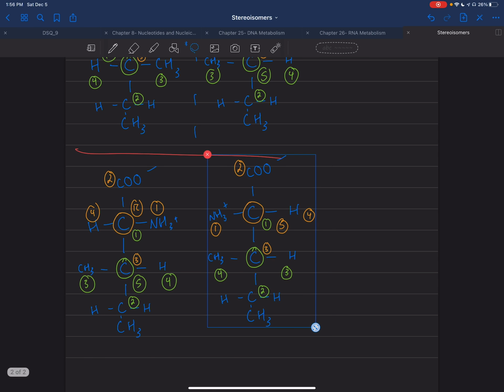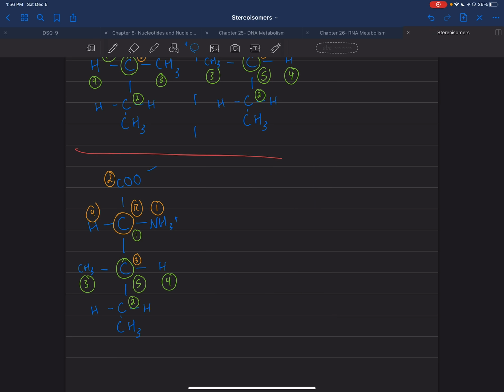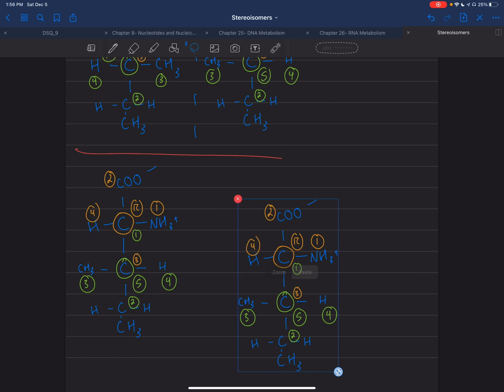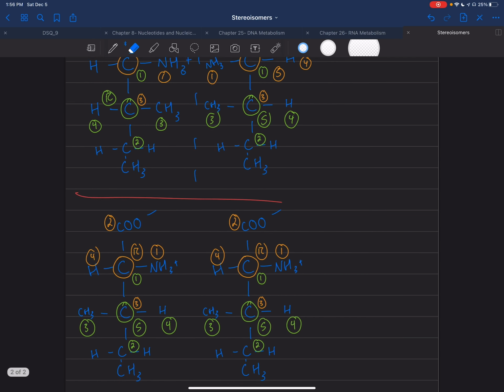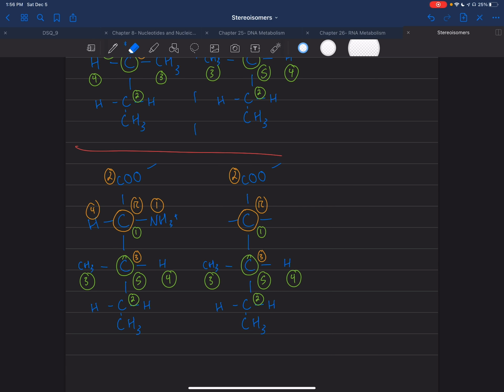And last but not least, the other easy thing you could just do is once you have one diastereomer, you're just going to draw its mirror image. So in order to do that, we're going to say NH3 plus H, H, and CH3.